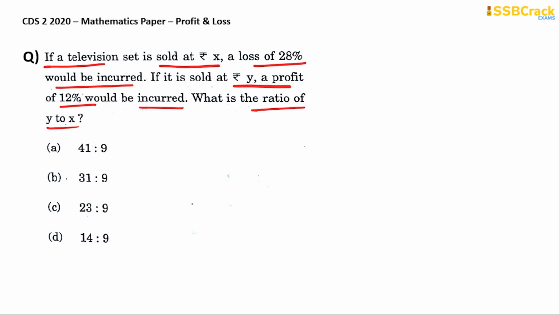So we can understand here that there is one price that is the same. What is that? CP. The CP of the television set is the same. So you know the formula of CP when you know the SP and loss percent, or SP and profit percent. CP can be calculated when you know the loss percent as SP into 100 upon 100 minus X, where this X is the indication of the loss percent.